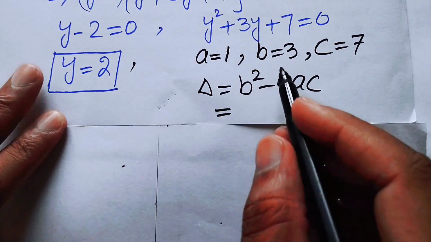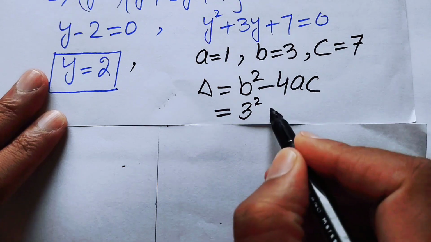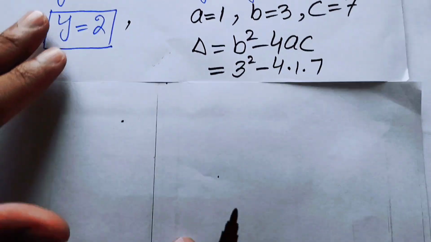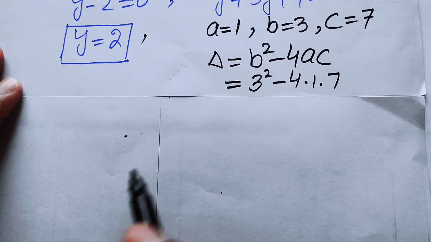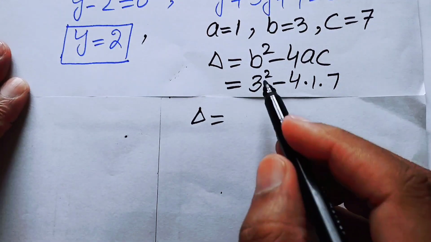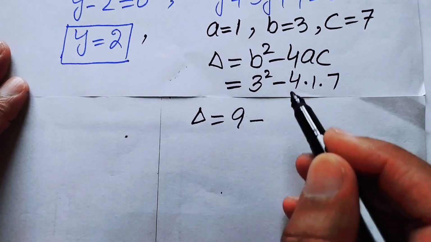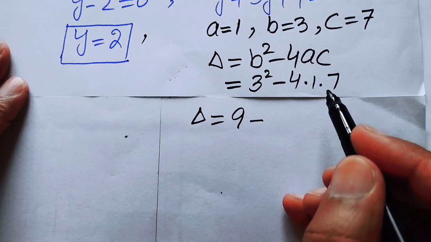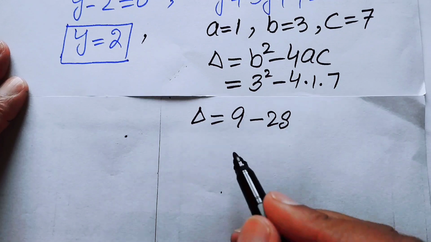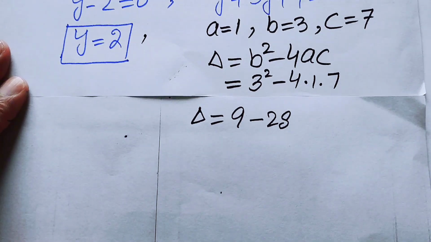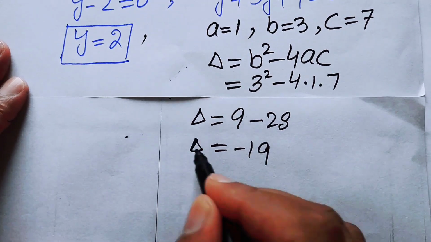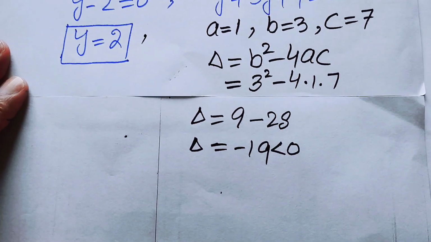So it becomes 3 squared minus 4 times 1 times 7. After simplification you get delta is equal to 9 minus 28, which is equal to minus 19, and here you see that our delta is less than 0.